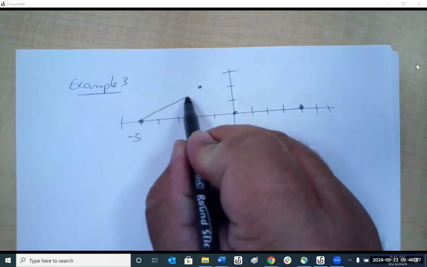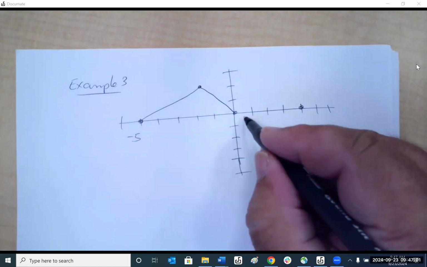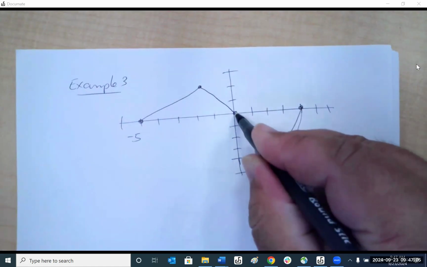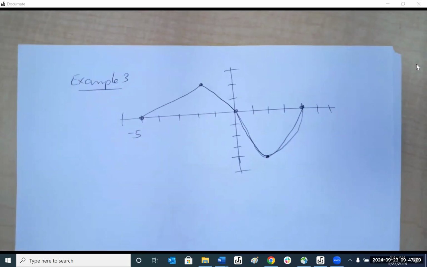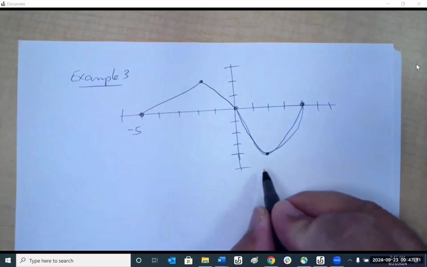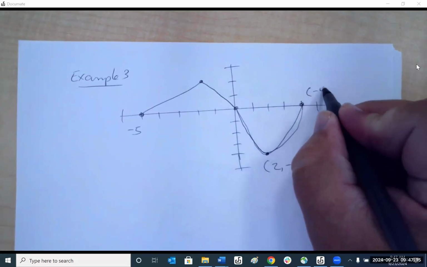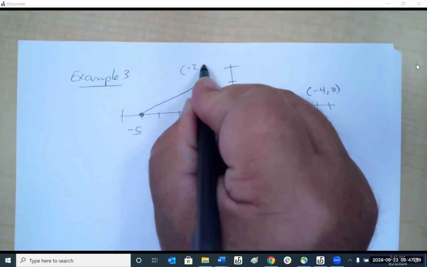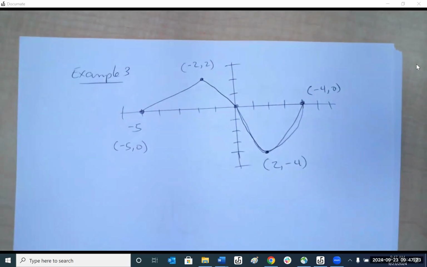So the graph goes like this. So this is at 2, -4. This is -4, 0. This is at -2, 2. This is at -5, 0.